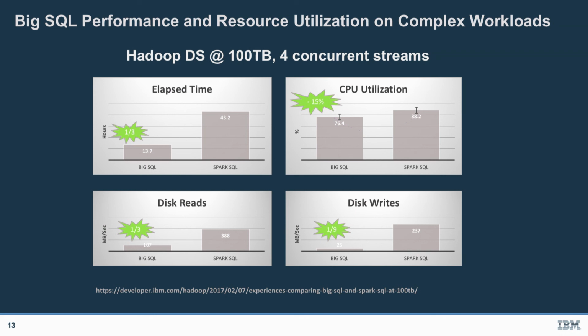And Big SQL was able to run 4 concurrent streams of TPC-DS at 100 terabyte scale, that's like 500 billion rows in the tables, in 1/3 of the time compared to Spark. And at the same time, using 15% less CPU, 1/3 of disk reads, and 1/9 of disk writes. The benchmark is read-only, but the disk writes are probably for spilling and sorting. So it did 1/9 of the spilling and sorting compared to Spark SQL.